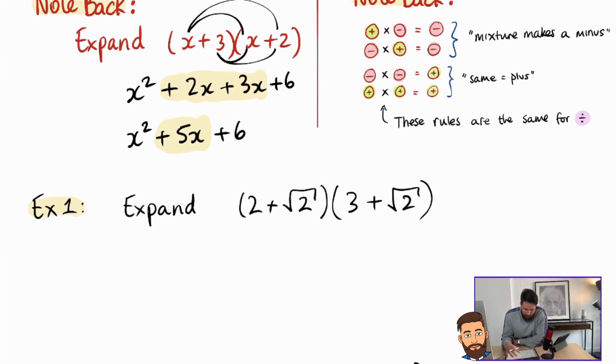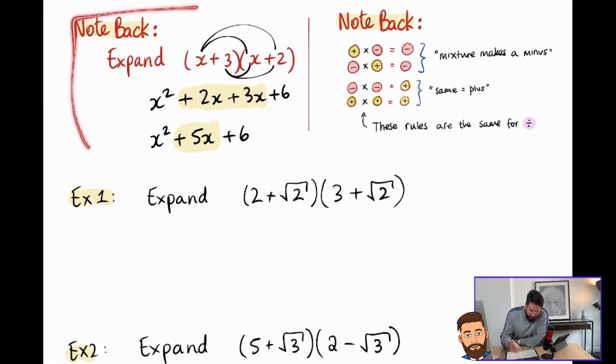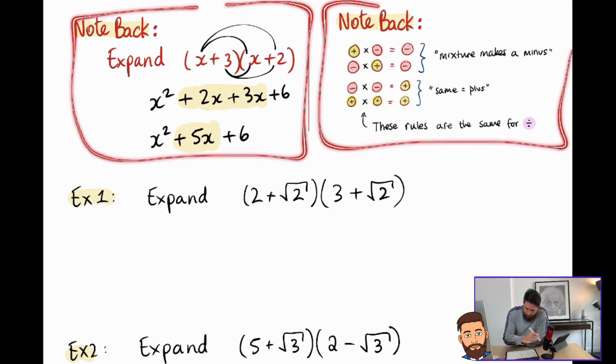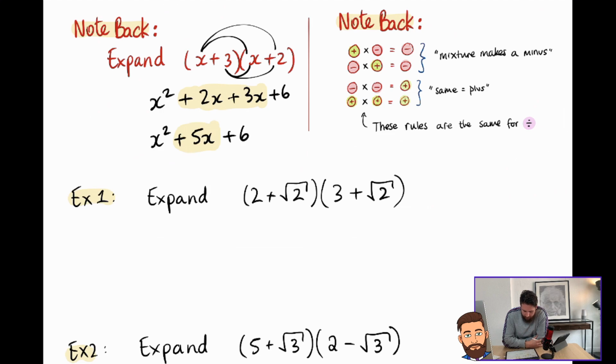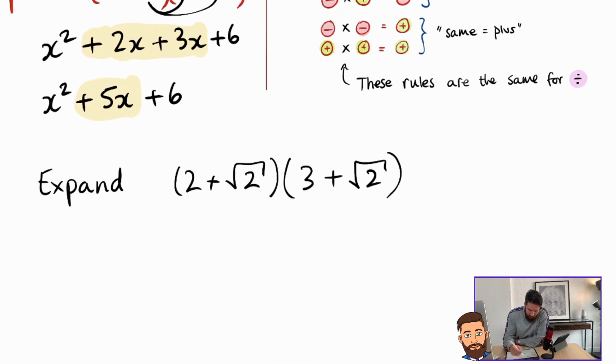So let's take that and that parts of our understanding into example 1. We're also going to need to use law 1 to help us do this, or actually law 3 and law 1. But let's just go through. We're going to do this 2 times this 3, like we would with a standard double bracket. 2 times 3 is 6.